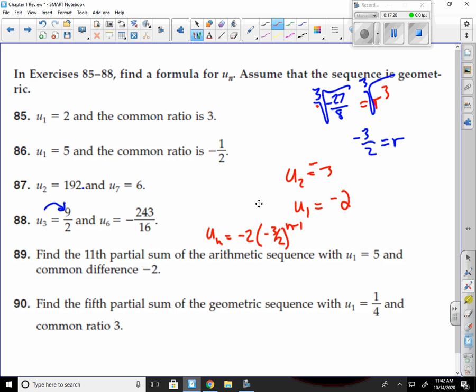If I wanted to check that out and see how it works, I can put the 6 in here. Do negative 3 over 2 to the 5th power. And multiply that out. It's going to give me negative 243 over 16.